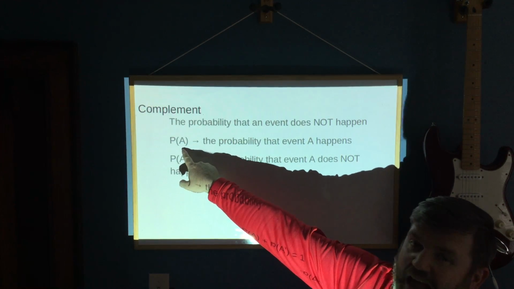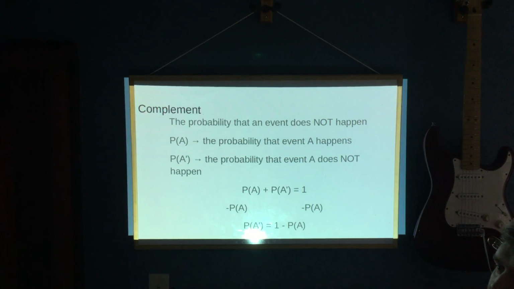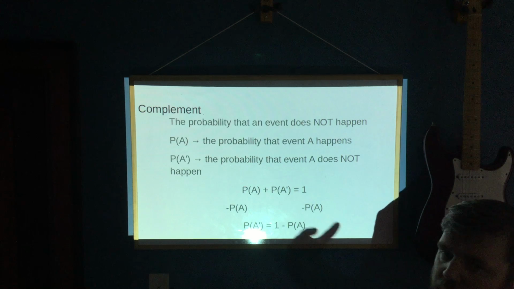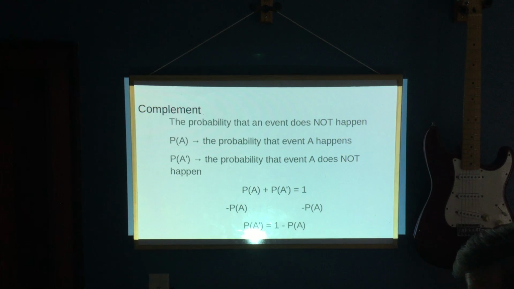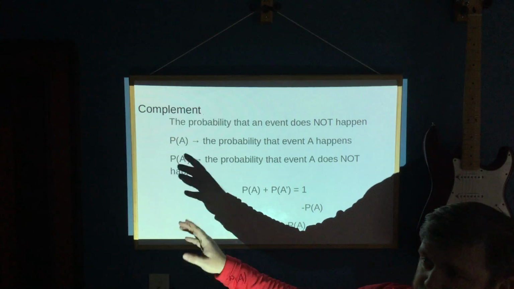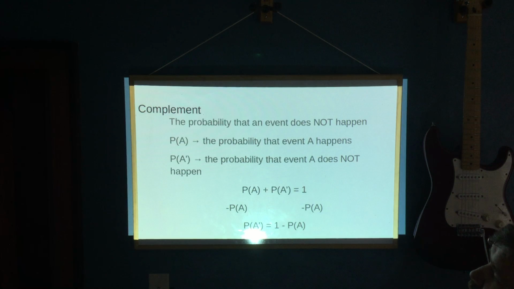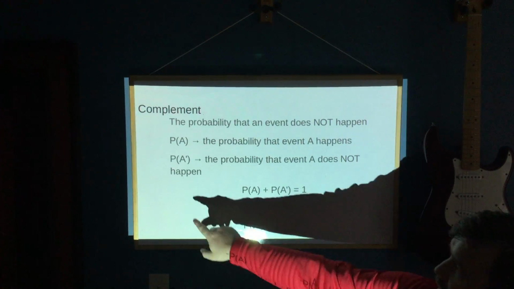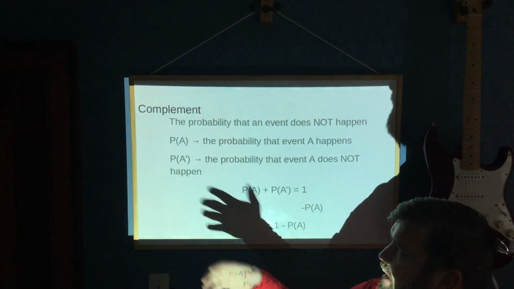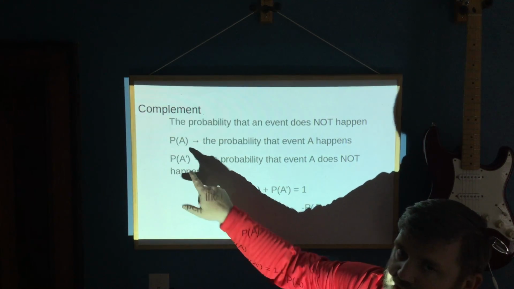I just put A in there to represent any event. Yesterday, for the homework, it was the probability of rolling a certain number on an 8-sided die, or the probability of landing on a wedge on a spinner. To write the complement, we simply put a little asterisk next to the event. That means the complement of A, or in other words, what's the probability that A does not happen?